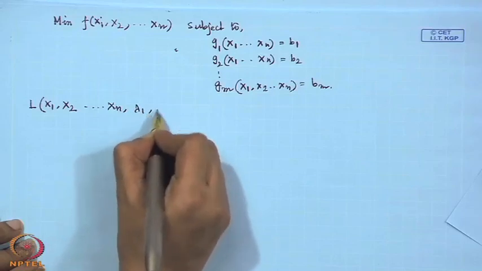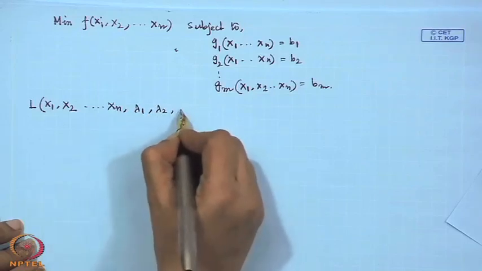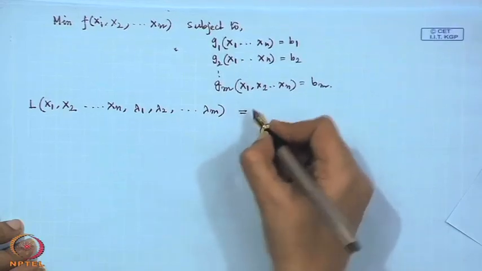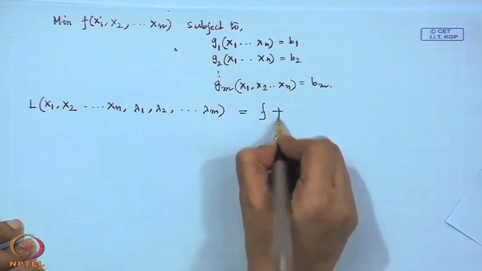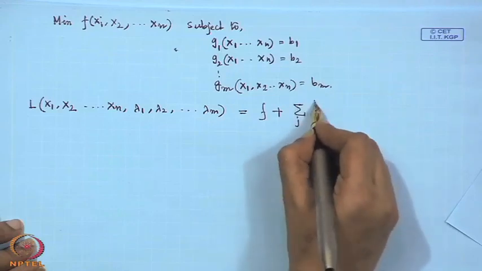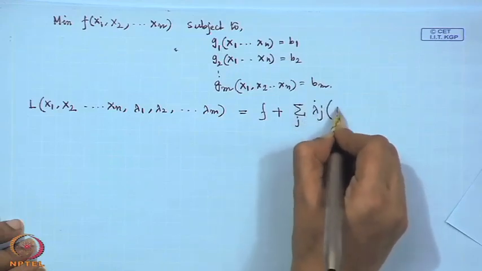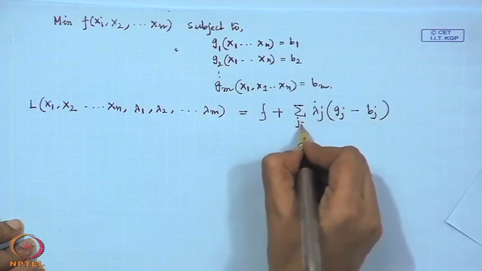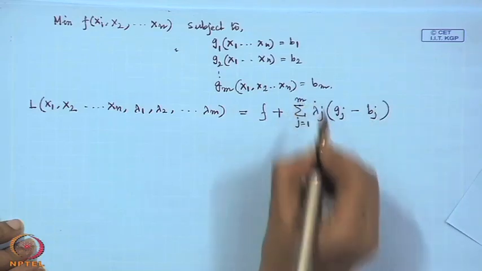and we have m Lagrange multipliers lambda 1, lambda 2, up to lambda m, and this is equal to f plus the summation over j of lambda j times gj minus bj, with j from 1 to m.